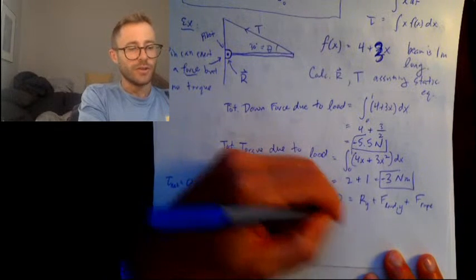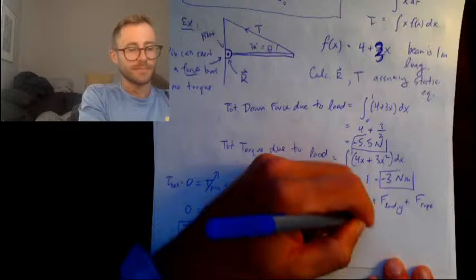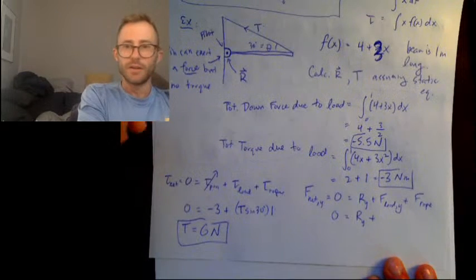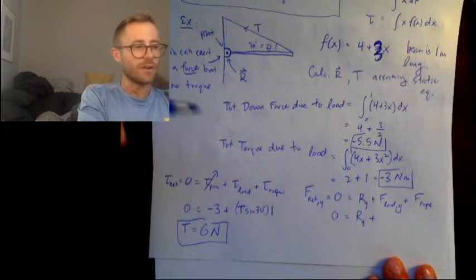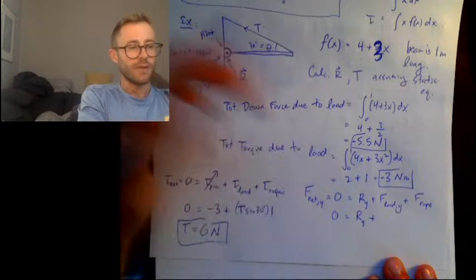So we have 0 equals r sub y plus the force from the load in the y direction, which is negative 5.5 newtons.